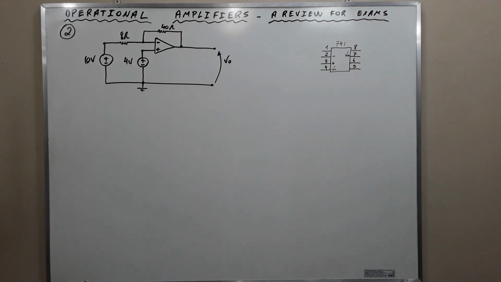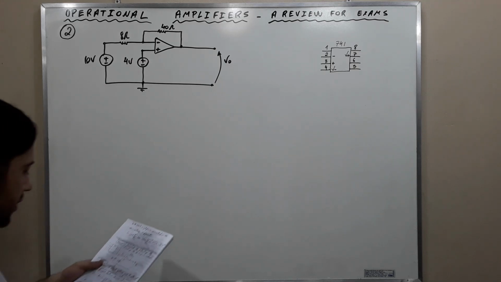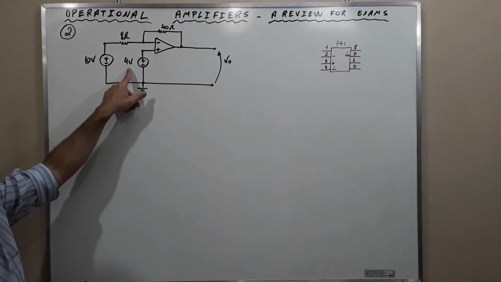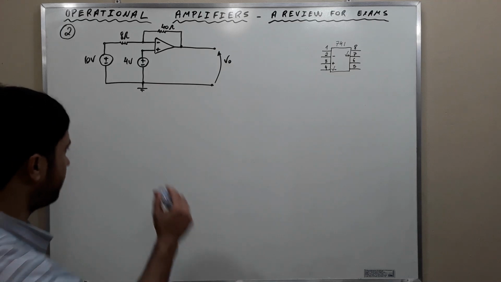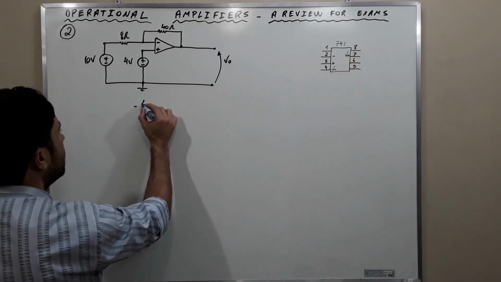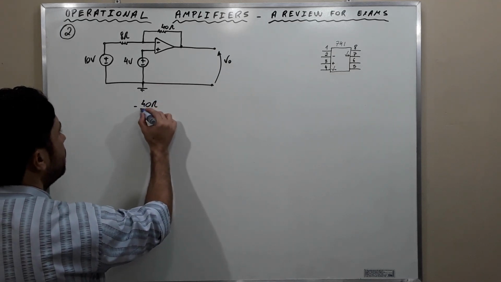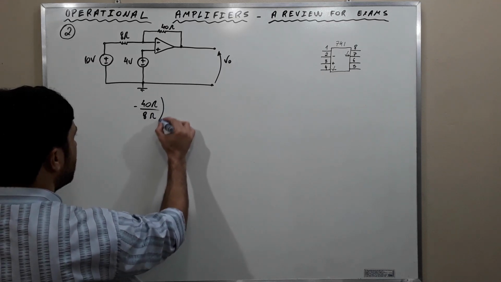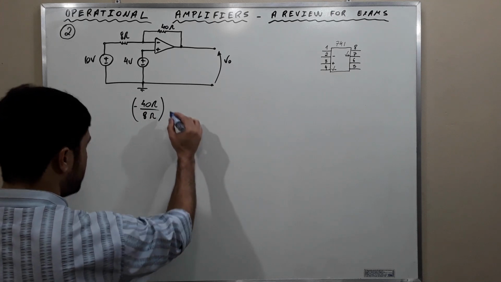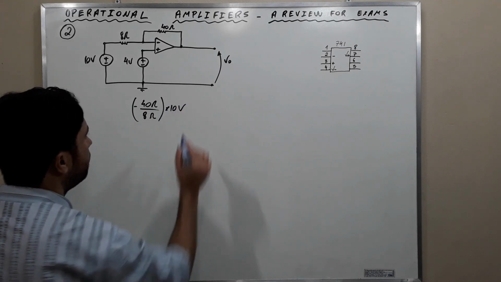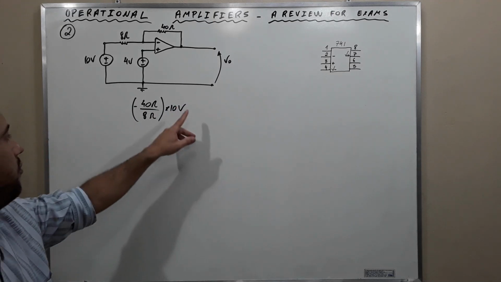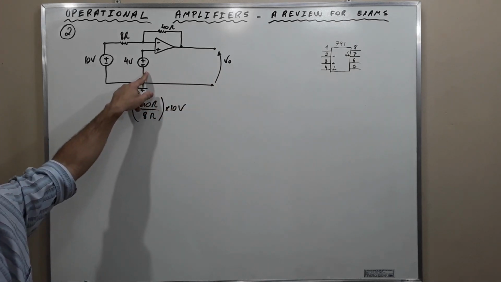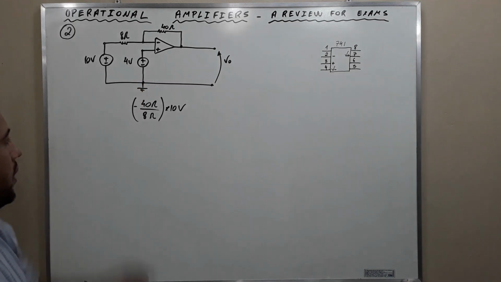Okay? When we apply superposition, we find that firstly, when 4 volts is at rest, we find that negative 40 ohms divided by 8 ohms times 10 volts. This is the output voltage when this voltage source here is at rest.